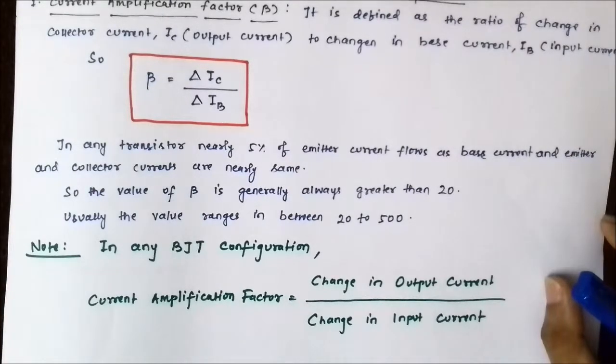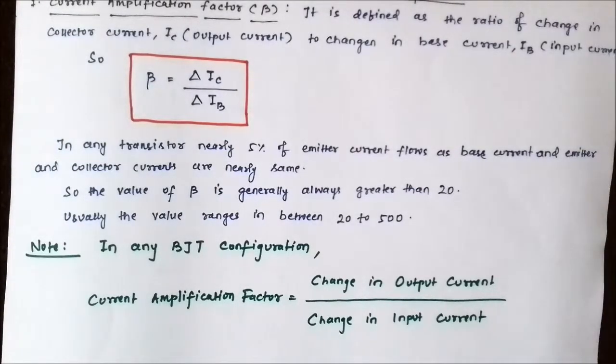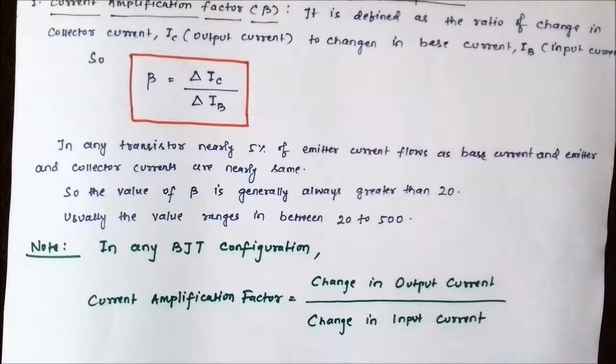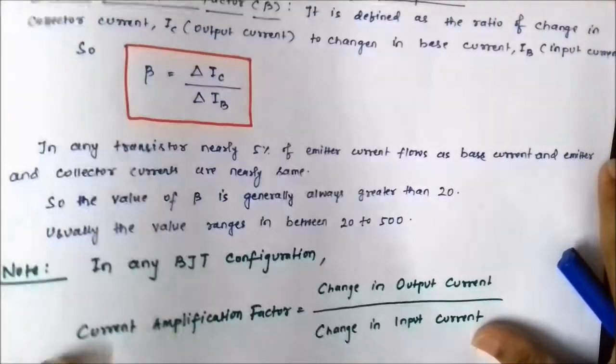The alpha was delta IC by delta IE, and as collector and emitter currents were almost the same, the value of alpha always approaches unity. But in this case, the beta value lies in the range of 20 to 500, because the magnitude of the base current is very small, in terms of microamperes, whereas collector current is in the range of milliamperes. So that's why the current amplification factor for common emitter configuration is very high.